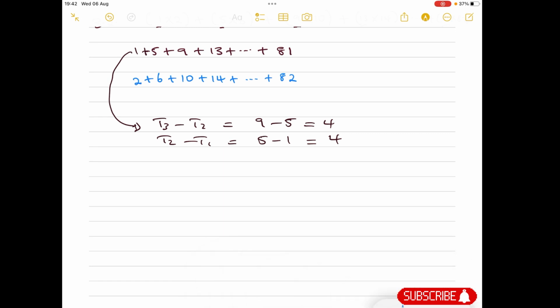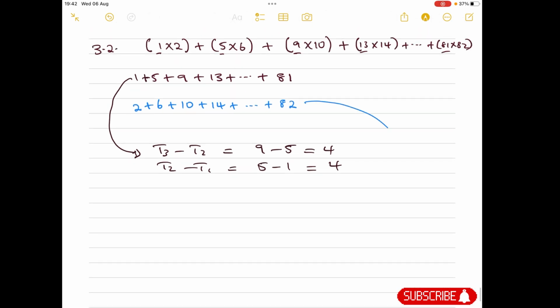We are not done with this one, but let's go for the next one now. Now look at this one. If you say T3 minus T2, it will be 10 minus 6, which is 4 again. And if you say T2 minus T1, you'll have 6 minus 2, which will also give you 4.